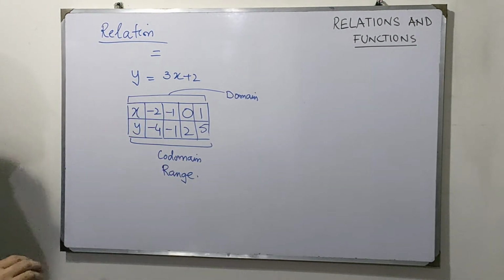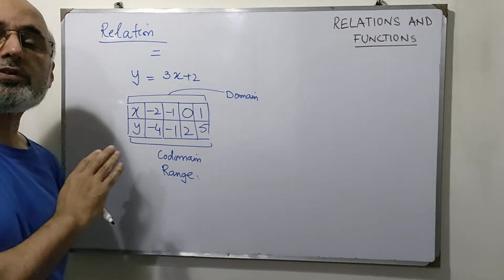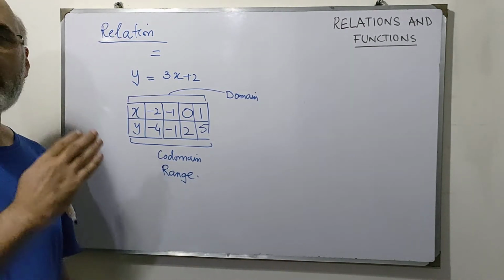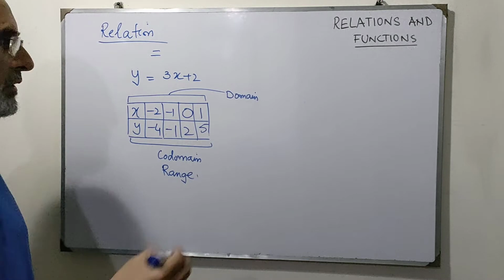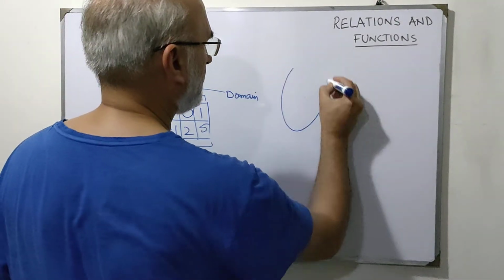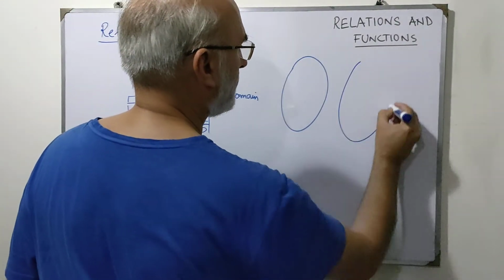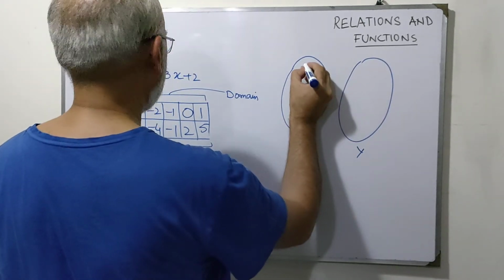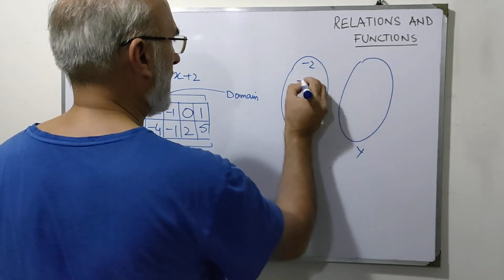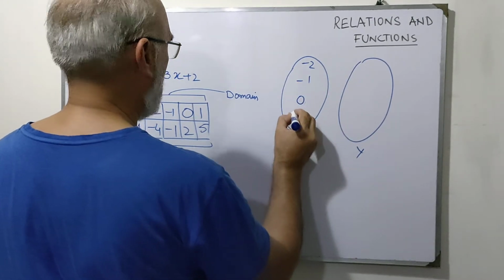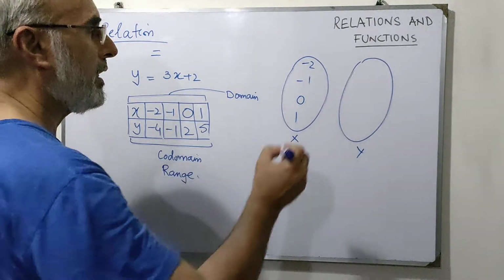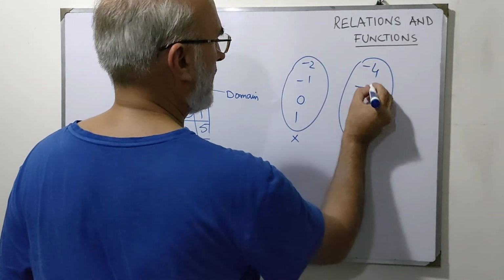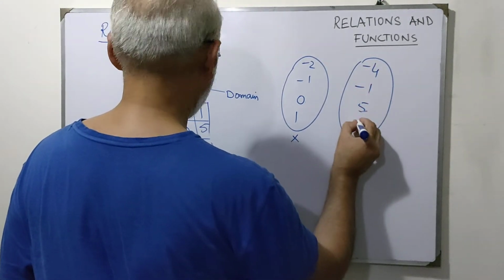So that is the tabular form. We can also use the same values, and we can go for a mapping of x values with the y values. So let's do that. These are the x values, these are the y values. So minus 2, minus 1, 0, and 1. Okay, so here I am going to have minus 4, minus 1, 5, and 2.